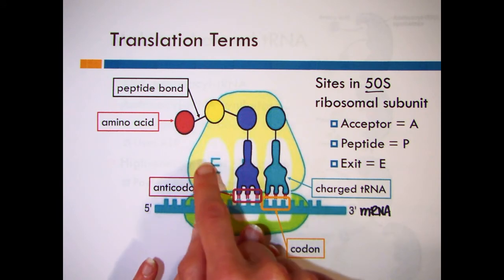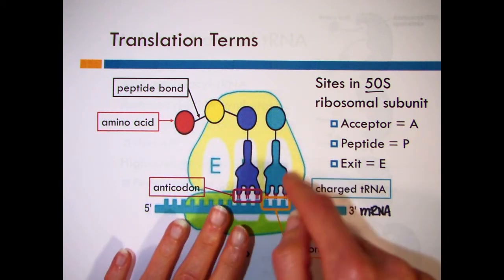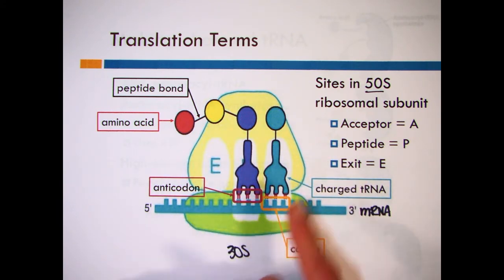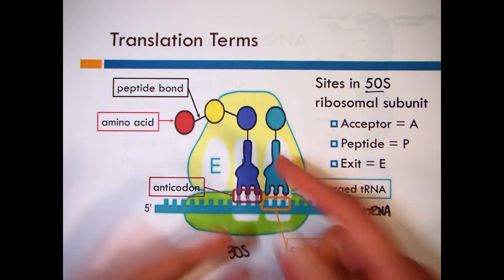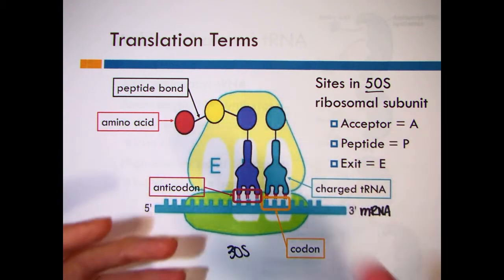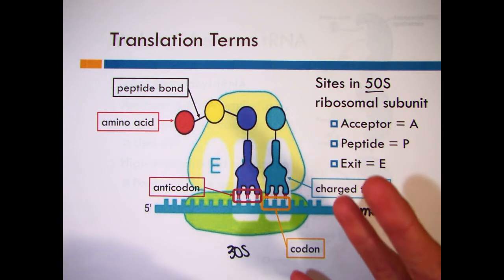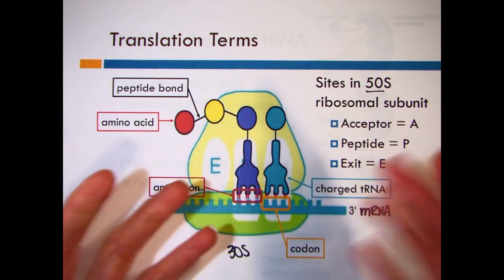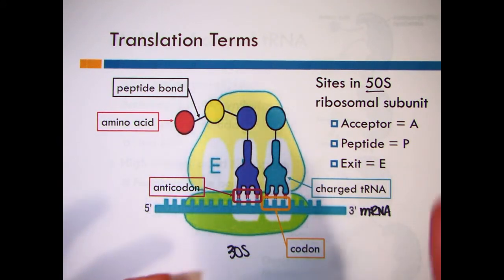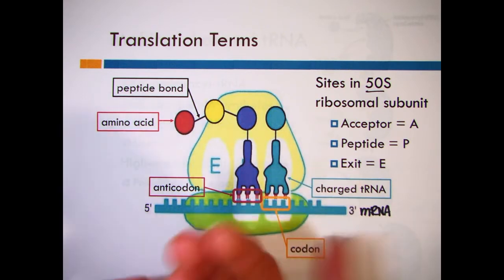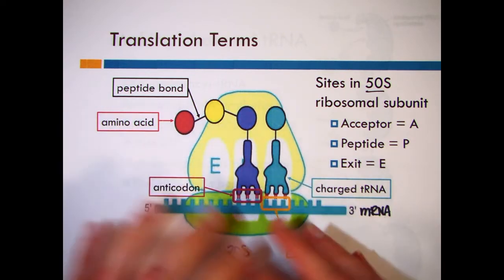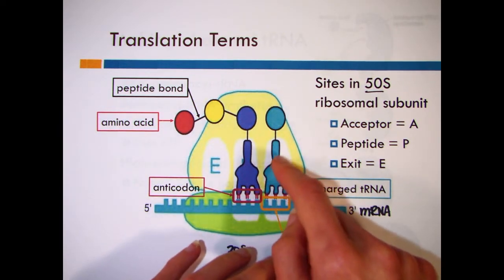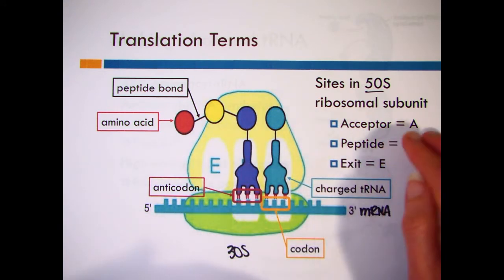I know that you can't really see these because the tRNAs are on top, but the large subunit of the ribosome holds 3 transfer RNAs, and each transfer RNA goes into a little kind of cup spot where it will sit. The first spot where the tRNA comes in is called the A site or the acceptor site.